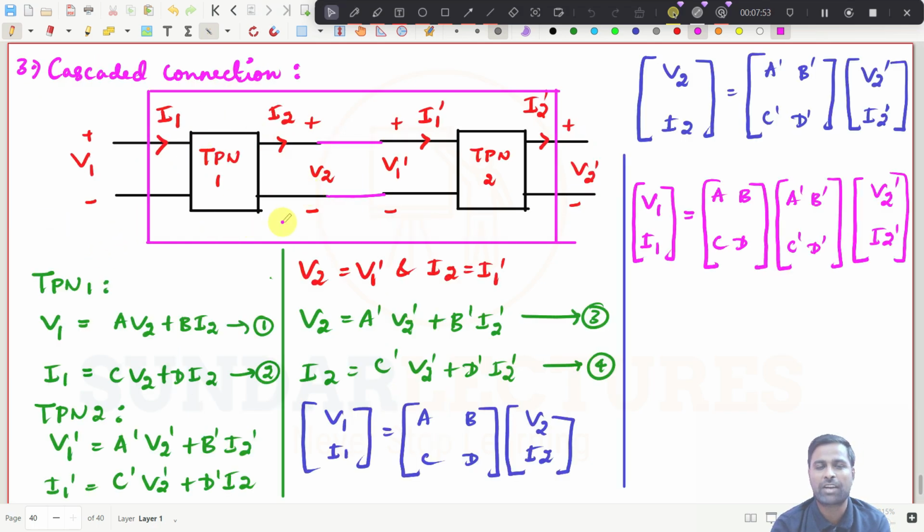In back-to-back connections, if we are going for ABCD parameters, we wrote the equations, manipulated them, and finally found that the two-port networks' ABCD parameters have to be multiplied. That means matrices have to be multiplied to get the whole network's ABCD parameters, put as A equivalent, B equivalent, C equivalent, D equivalent.